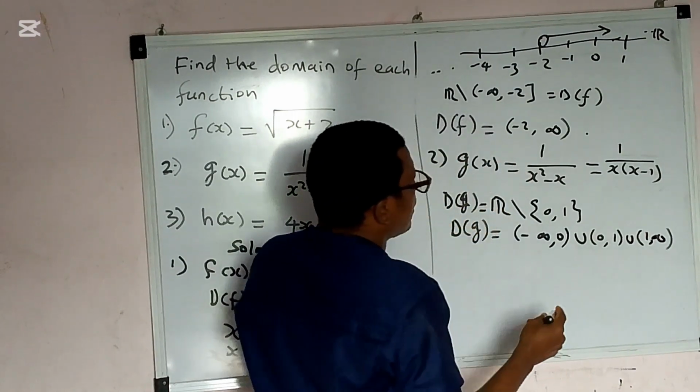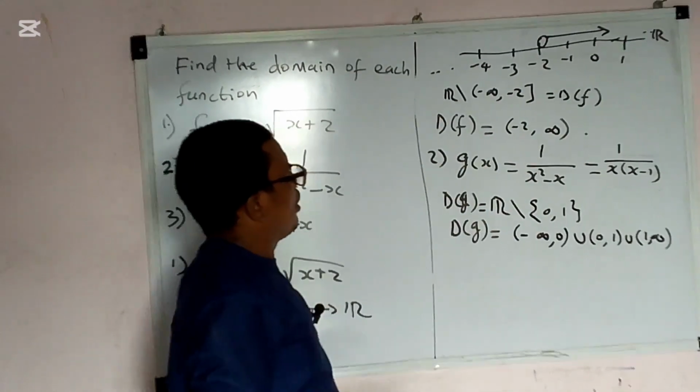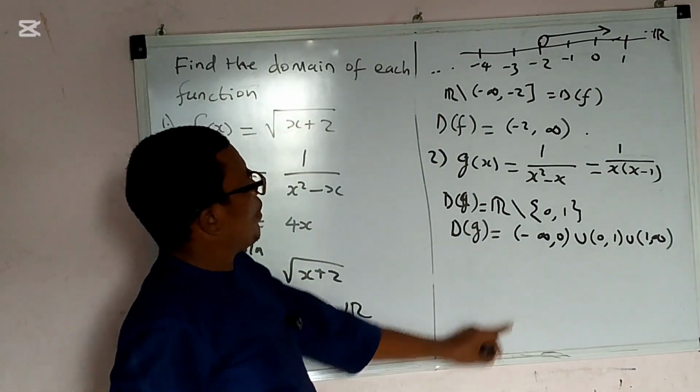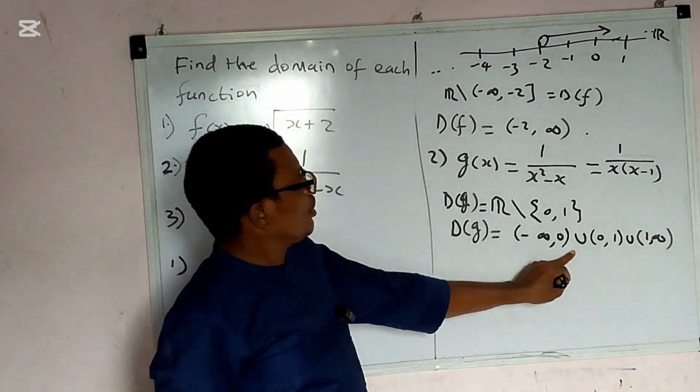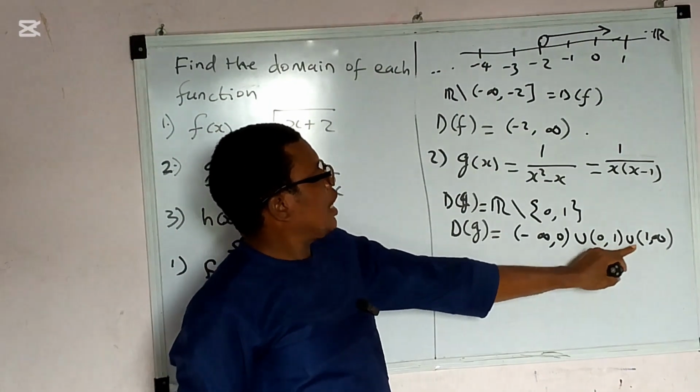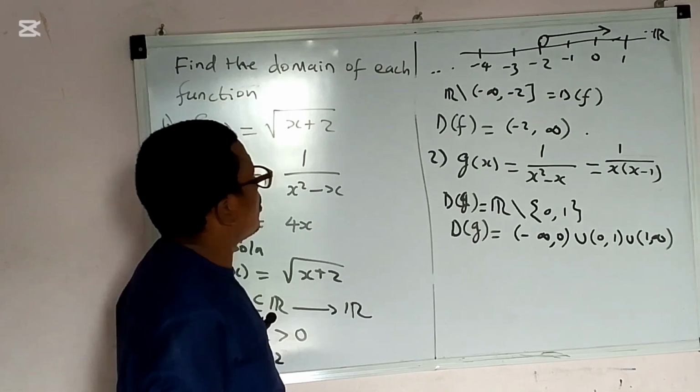So you avoid numbers 0 and 1. So that's the domain of g: minus infinity comma 0, union 0 comma 1, and then union 1 comma infinity.